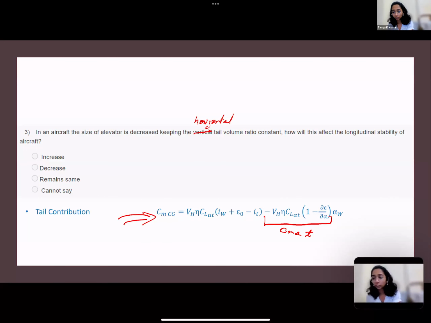So they say VH is constant. So now can you see the size of the elevator anywhere in this equation? I had just mentioned that the elevator does not contribute towards stability in any way, shape, or form.